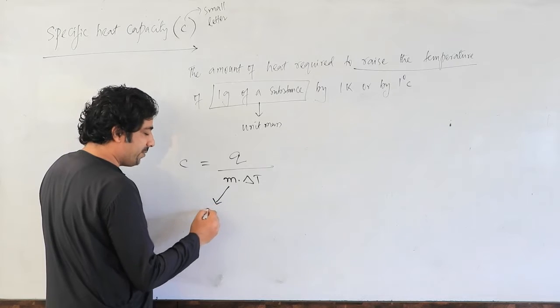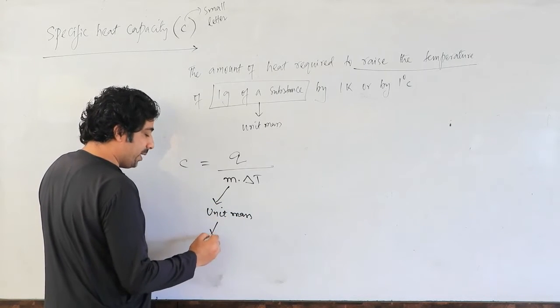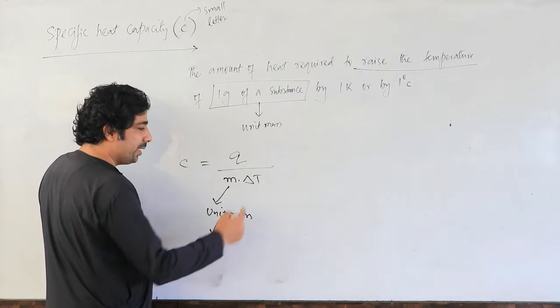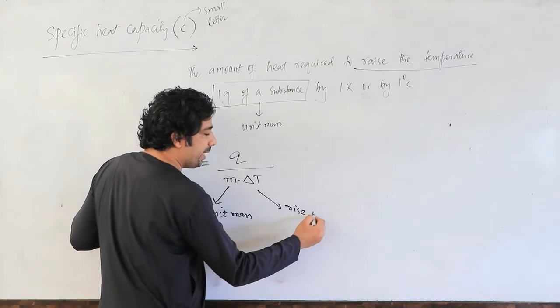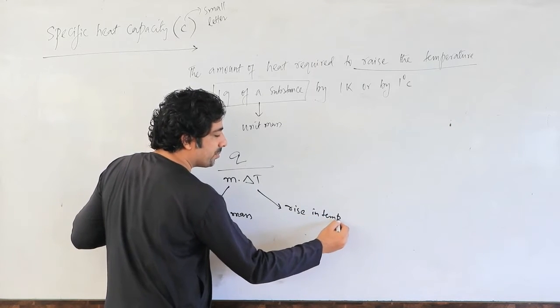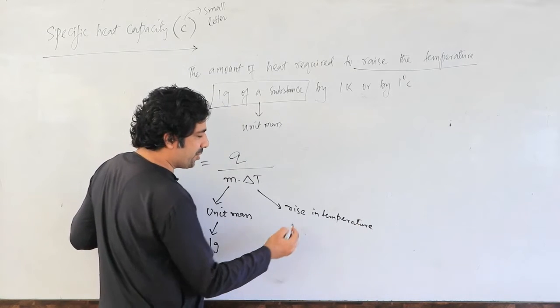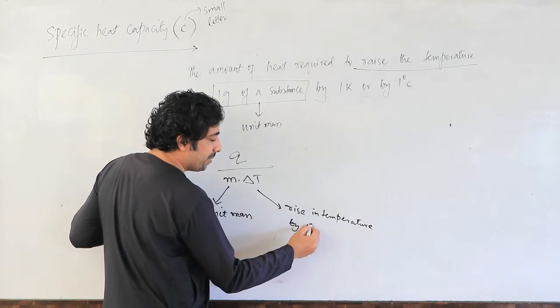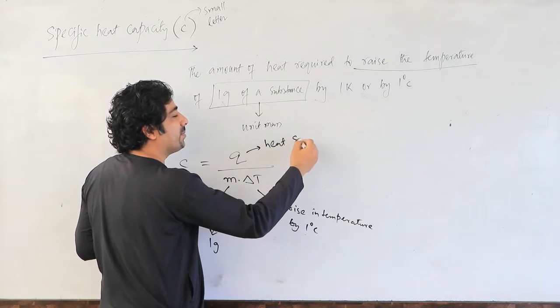This unit mass we have actually 1 gram. And delta T, everybody knows it's the rise in temperature, or you can also say change in temperature by 1 degree Celsius. And this Q is nothing but the heat supplied.